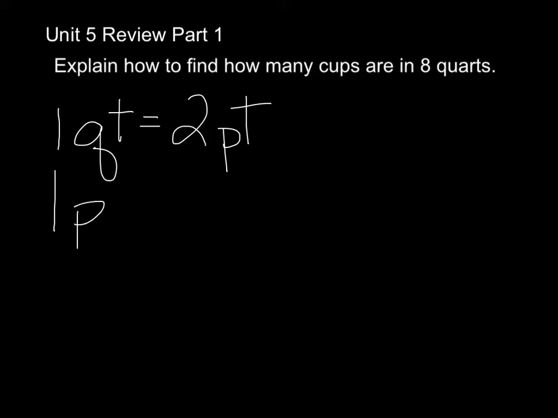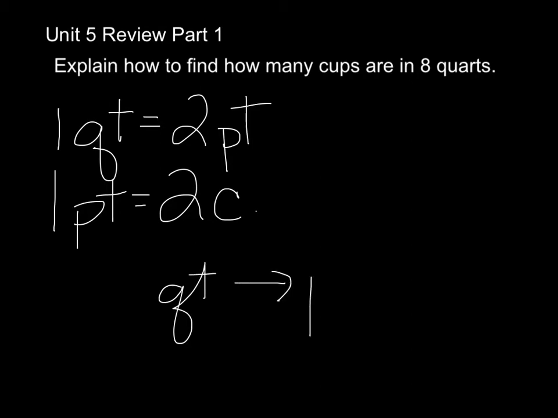I'm going to discover that there's not a specific quarts to cups entry, but they will tell me that 1 quart is 2 pints, and then that 1 pint is 2 cups. And this is useful information. I know in the scheme of things, quarts are made up of pints, and pints are made up of cups.